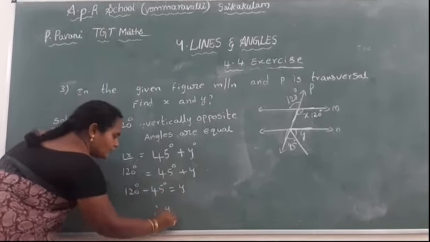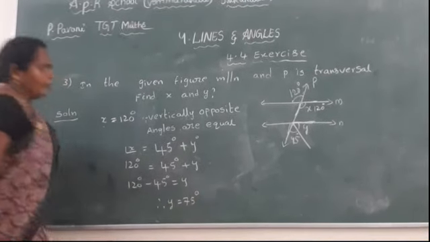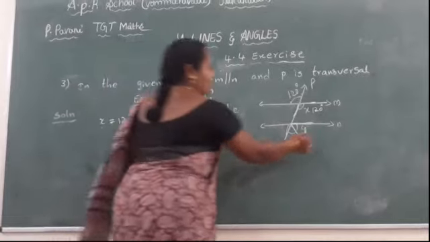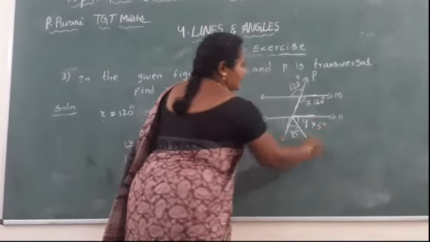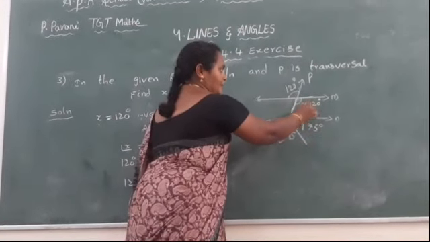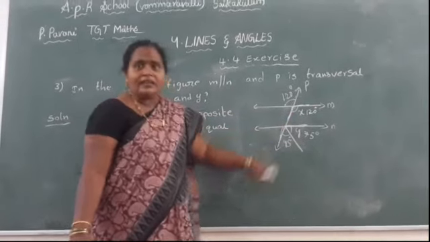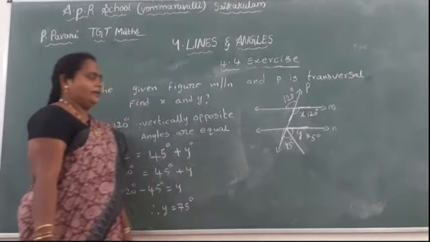Therefore, y is equal to 75 degrees. We take 45 plus 75, that is 120. Here is 120. Therefore, corresponding angles are equal. Okay? Thank you.